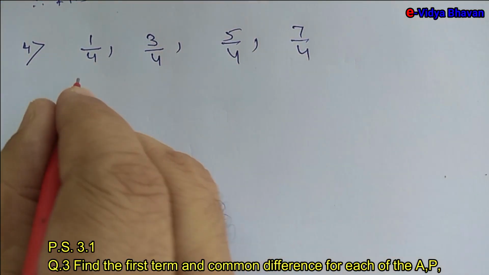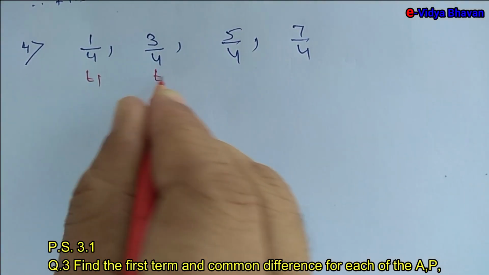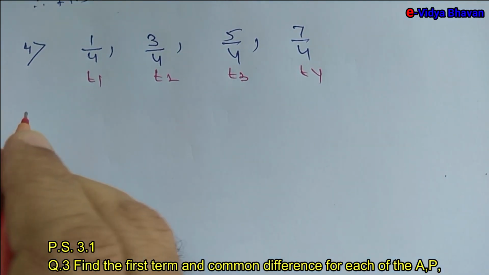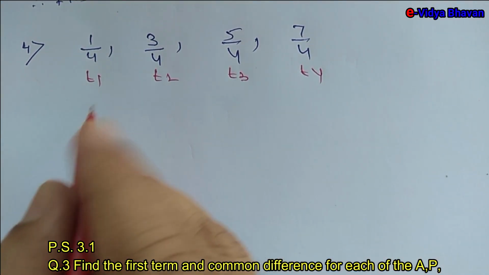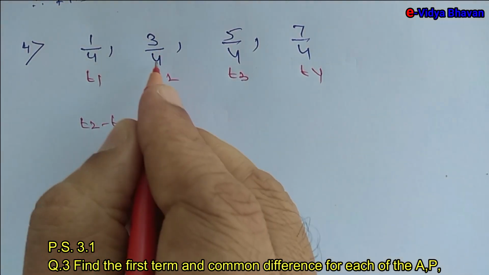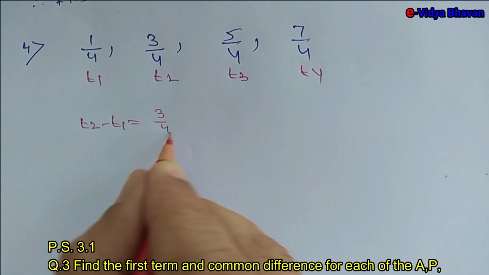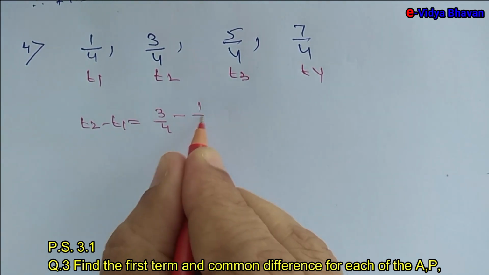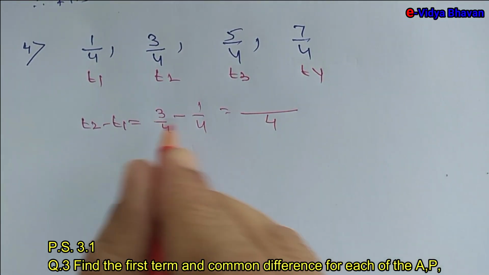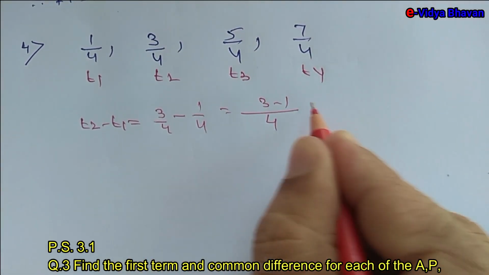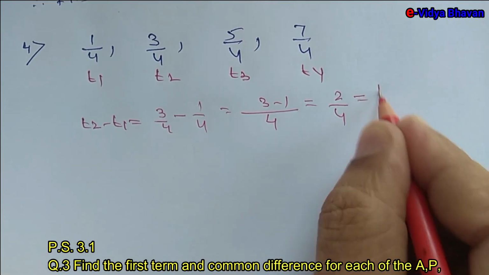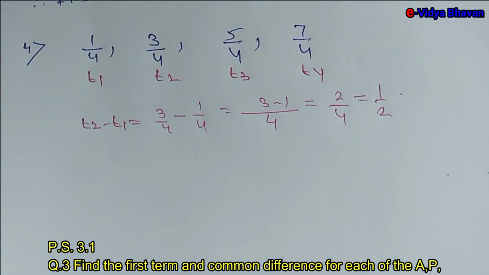Let us term them T1, T2, T3, T4. Let us take the difference T2 minus T1. So 3 upon 4 minus 1 upon 4. The denominator is same, 3 minus 1, we are getting 2 upon 4, which is 1 upon 2.